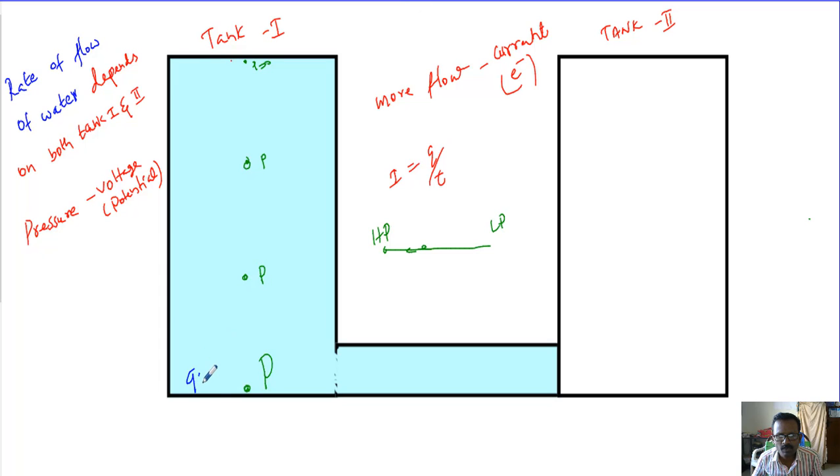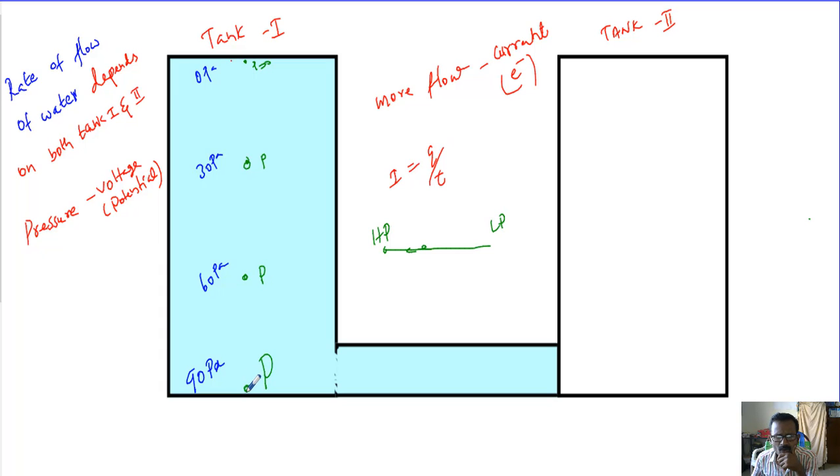For example, the unit of pressure is Pascal. Suppose this point has 90 Pascal, this point has 60 Pascal, this has 30 Pascal, and this point has 0 Pascal. The pressure is called potential. Now the pressure of water can be compared with the potential. Potential is the ability to do work.